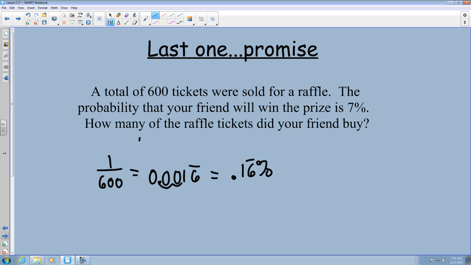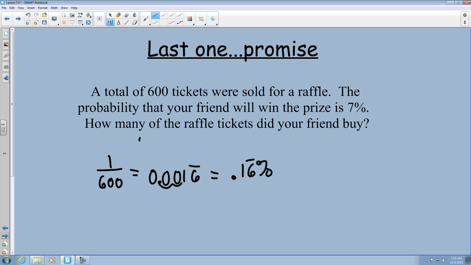What I want to know is what is it going to be when it's 7%. So I know that buying one ticket is going to be a 0.16 repeating percent. So I want to determine how many tickets it's going to be for 7%.